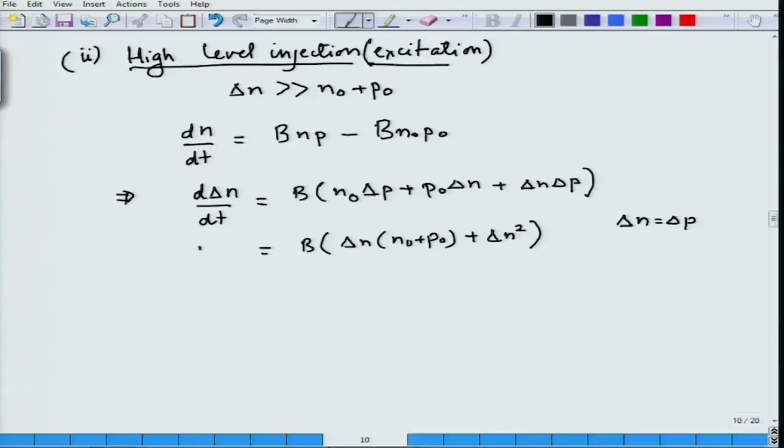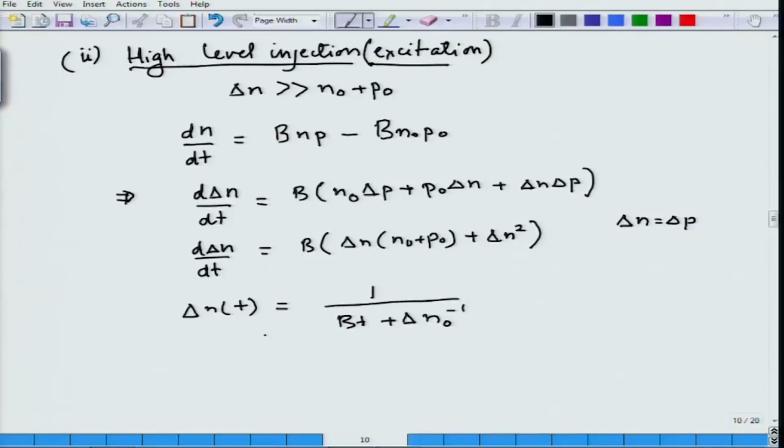Now, this is an equation that needs to be solved for finding out what delta N would be in the case of high level injection. The solution for this equation is delta N as a function of t, which is nothing but 1 over (B t plus delta N naught inverse).